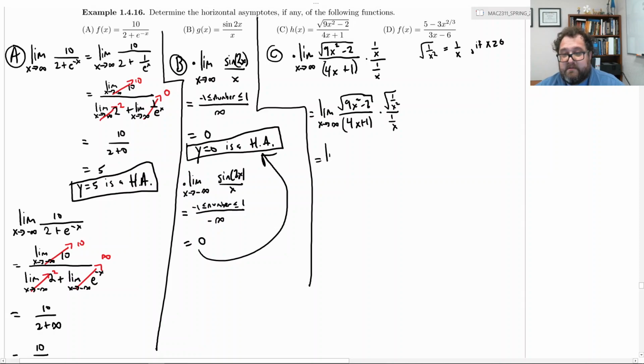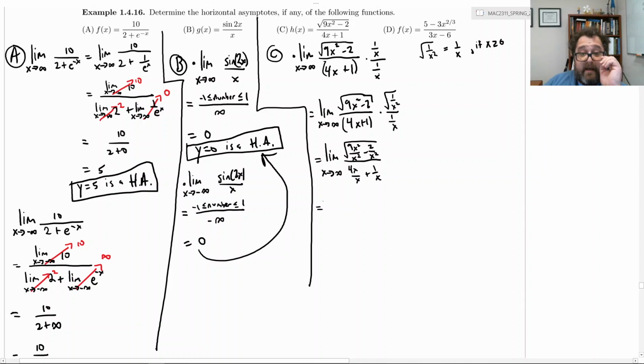So we get the limit as x goes to infinity. On the top, that gives us radical 9x squared over x squared minus 2 over x squared, and on the denominator, 4x over x plus 1 over x.